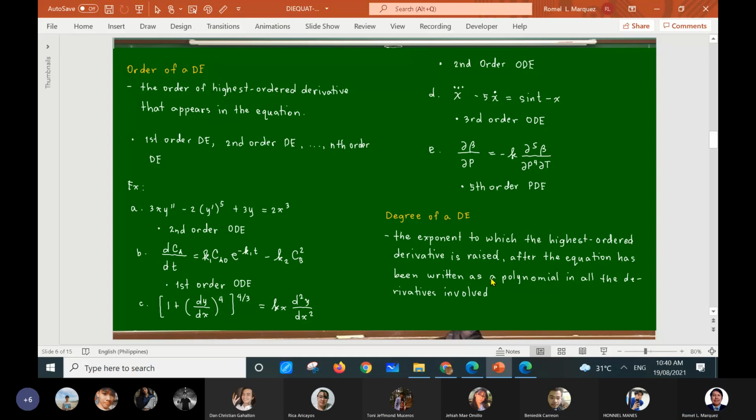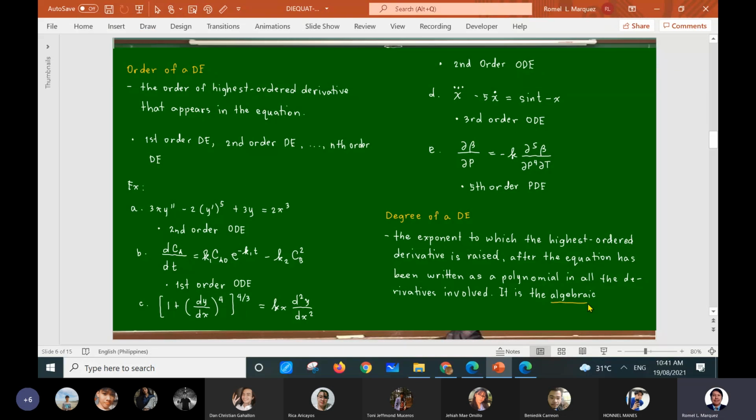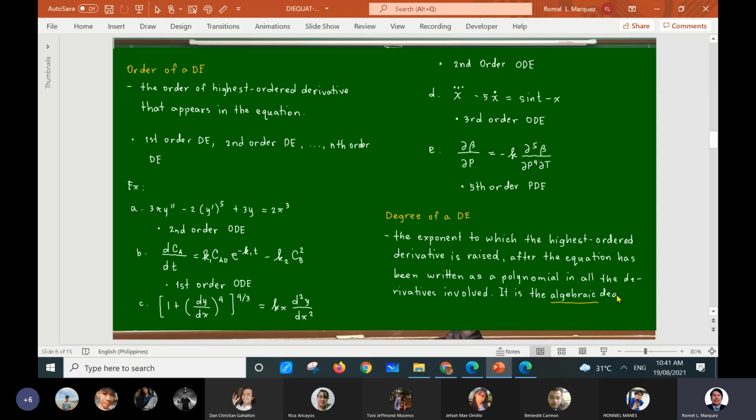In other words, it is the algebraic degree. Let's emphasize that. Algebraic degree in the derivatives involved. Okay, guys?